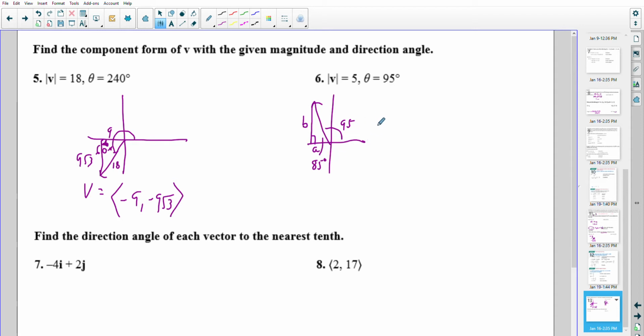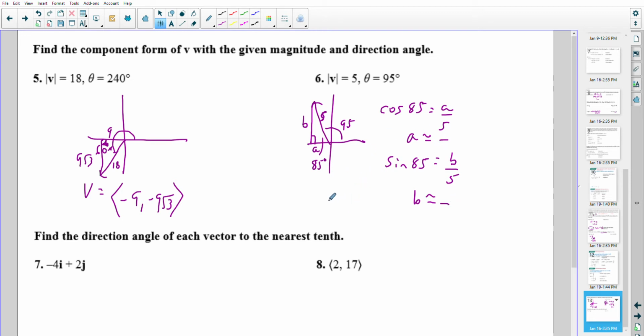To find that out, you're going to use SOHCAHTOA. You do know that the length of the vector is 5. So if I wanted to find out a, I would say cosine of 85 is equal to a divided by 5. And the sine of 85 is equal to b over 5. And you would solve for a and b, and then you would get your answer.